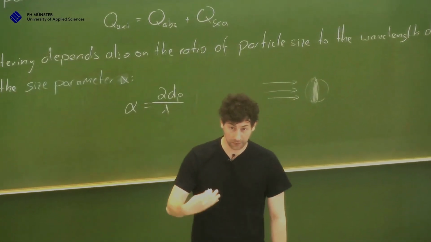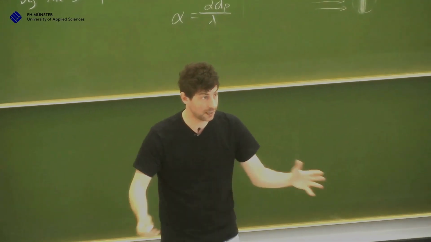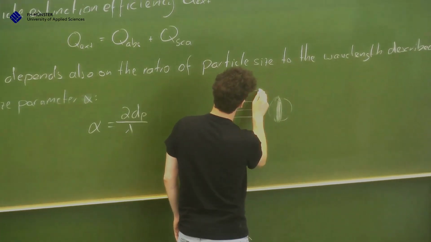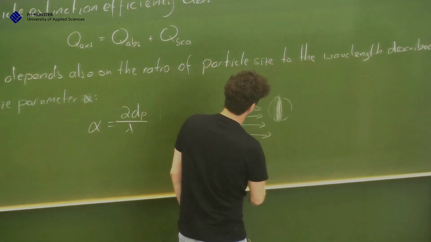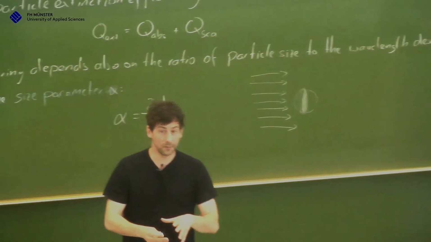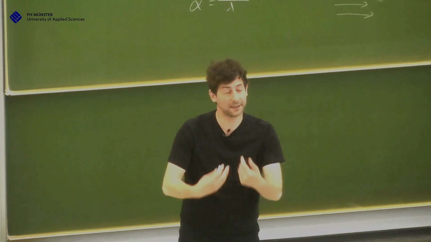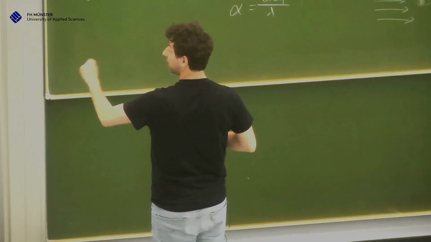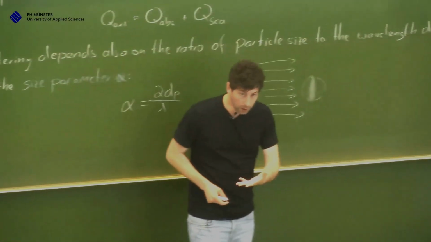If the extinction efficiency is 2, it takes double the light it has in area. So it means also if I have these 3 arrows here, and then I would have 1 here, 1 here, 1 here, 1 here, roughly, okay? So this is the amount of light extinct by the particle because it has an extinction efficiency larger than 1.